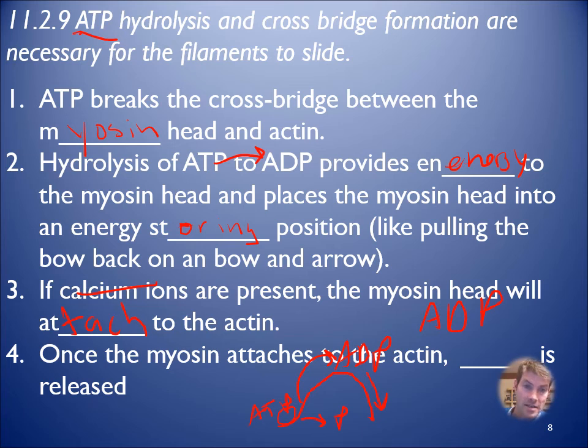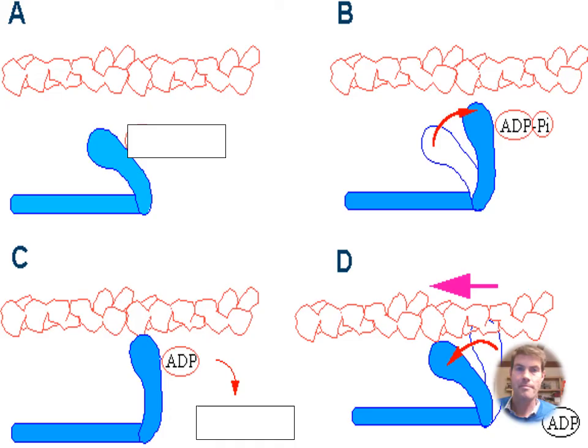We'll write that down, stays stuck until ATP breaks that cross bridge. So this is the cycle, over and over again. ATP breaking the cross bridge, ATP going to ADP, storing that energy, the ADP being released, and then powering the muscle.